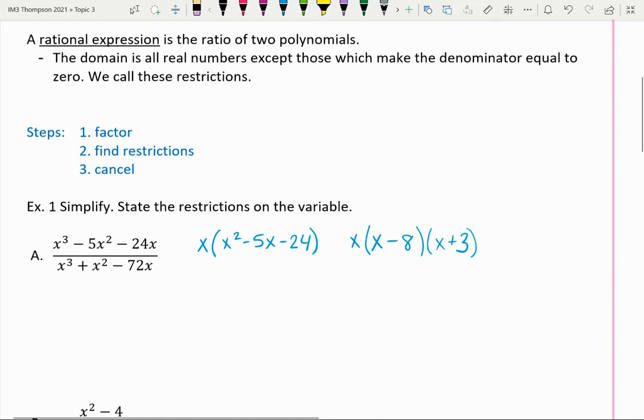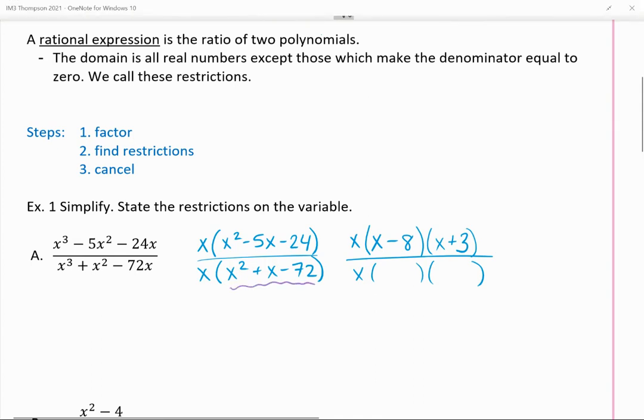All right, so I factored the top. I'm going to factor the bottom. I have a GCF again, so I can take an x out of all of those terms. Again, I'm just factoring what's inside the parentheses now.